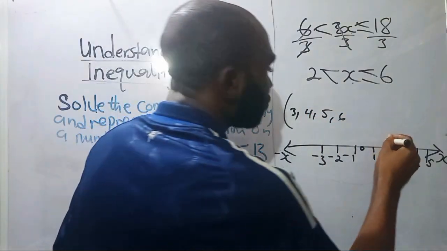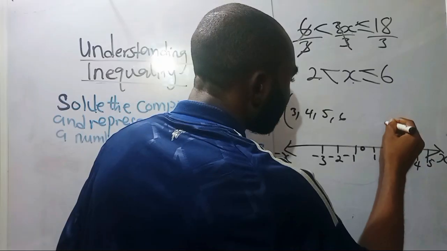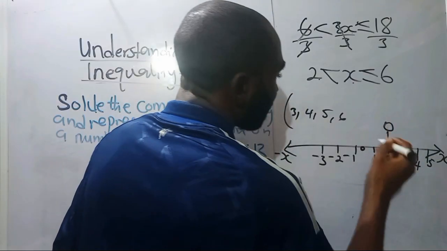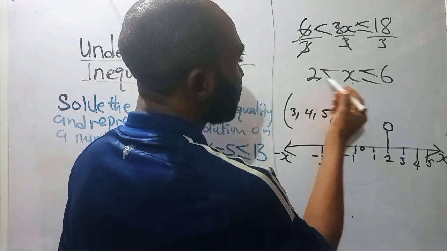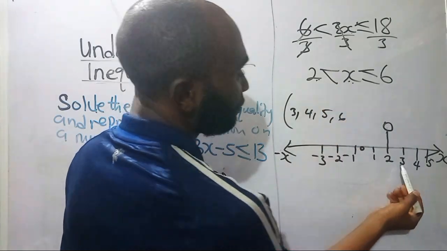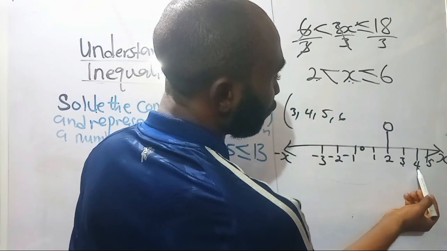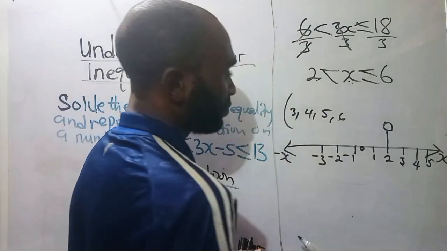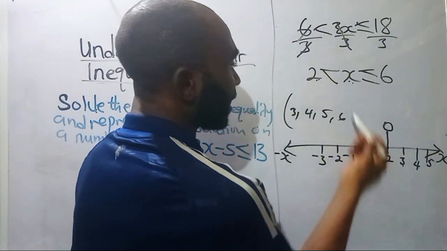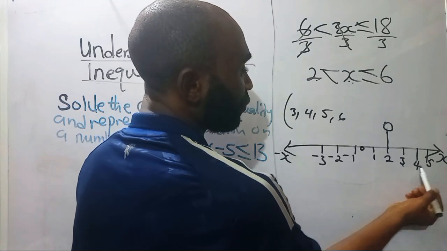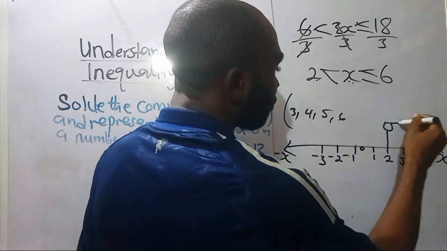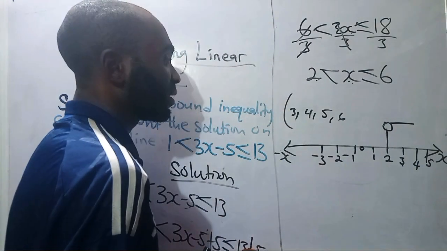So you're going to start on 2, but since 2 is less than x, the values could be either 3, 4, or 5. So the positive values of x could be 3, 4, and so on, which means you are going to draw this to the other side.